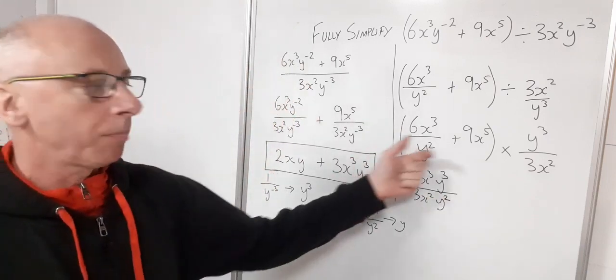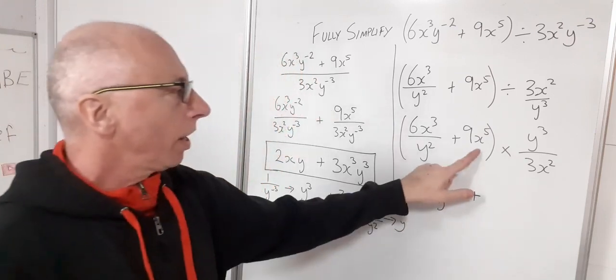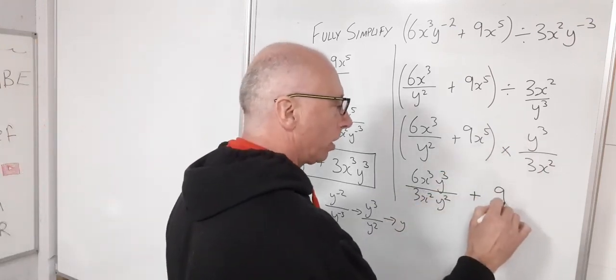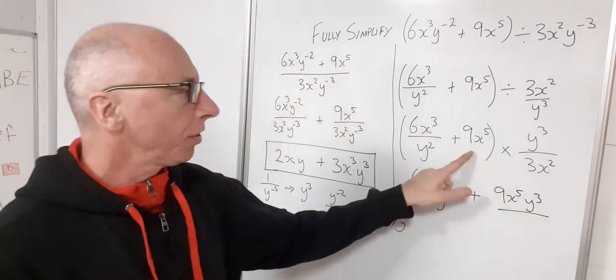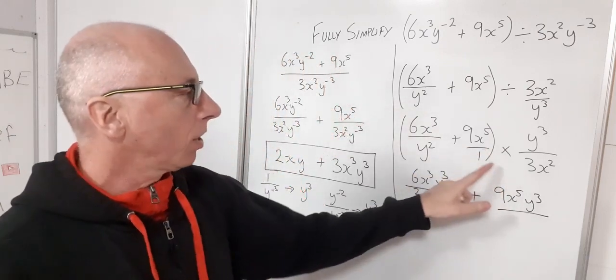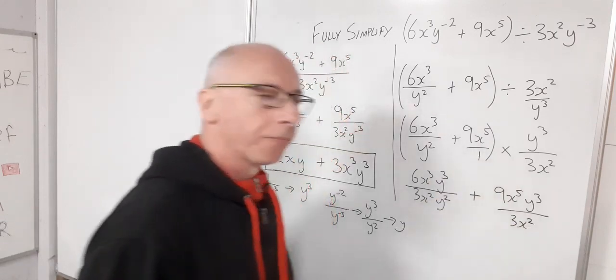Okay, so that's that bit multiplied. And now I'm going to add 9x to the 5 times this. So I've got 9x to the 5 y cubed, and nothing on my denominator because I could simply put a 1 there. And then I've got 1 times 3x squared, which is just 3x squared.